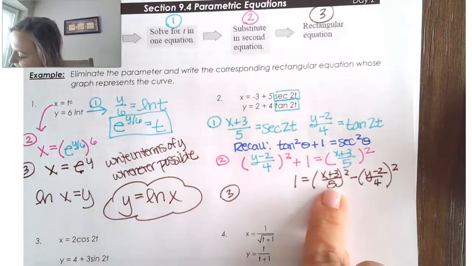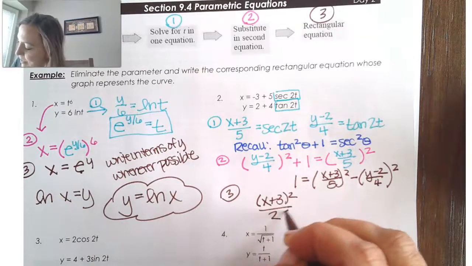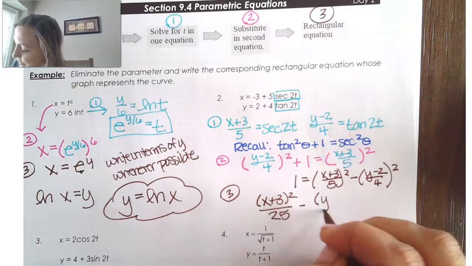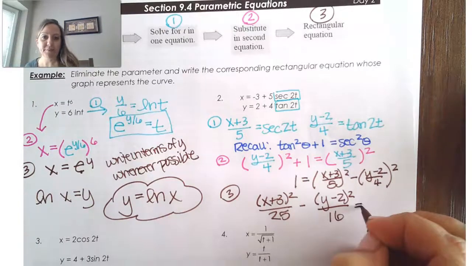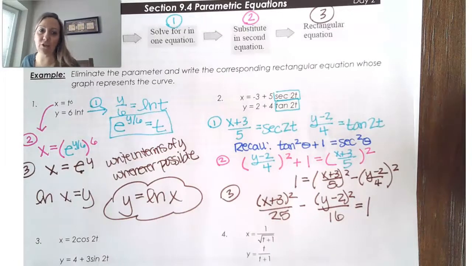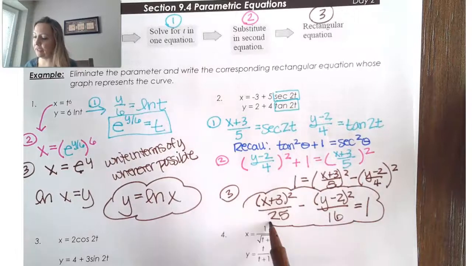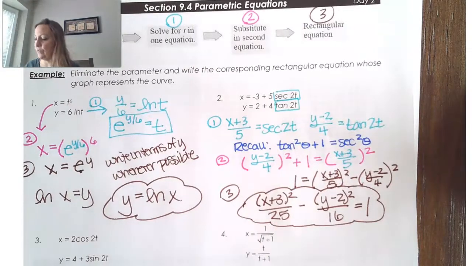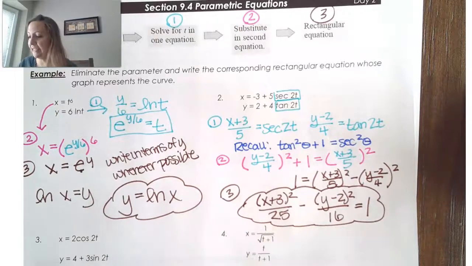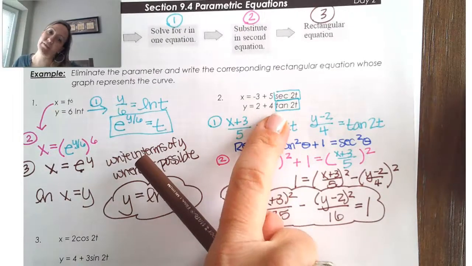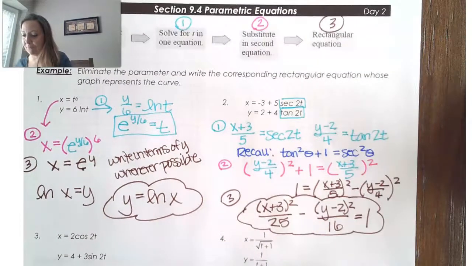I'm going to write this as the quantity x plus 3 squared over 25 minus the quantity y minus 2 squared over 16 equals 1. And again, this is just a familiar equation. We want to write our equation in a familiar form, so we would write it in the standard form of the hyperbola. So that's kind of fun that these parametric equations that involve the trig functions end up giving us this hyperbola.